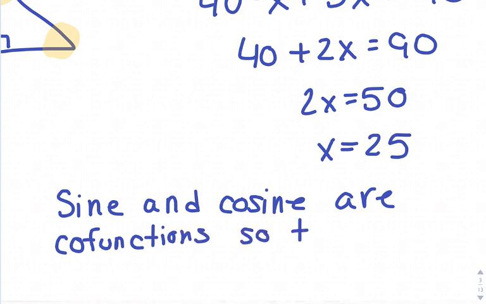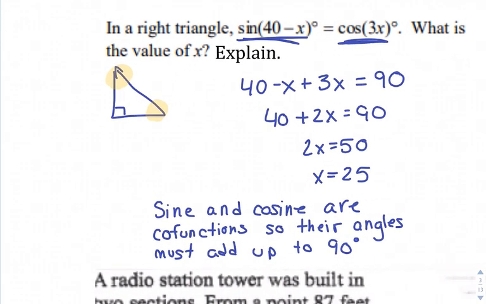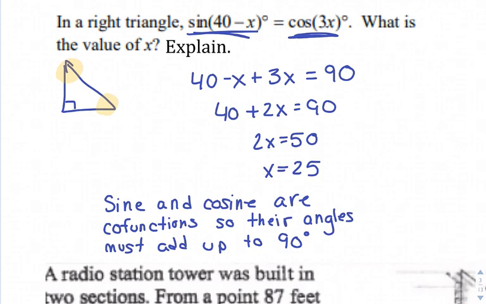So that means their angles must add up to 90. So there's always one question involving cofunctions on your exam. So try to remember that.